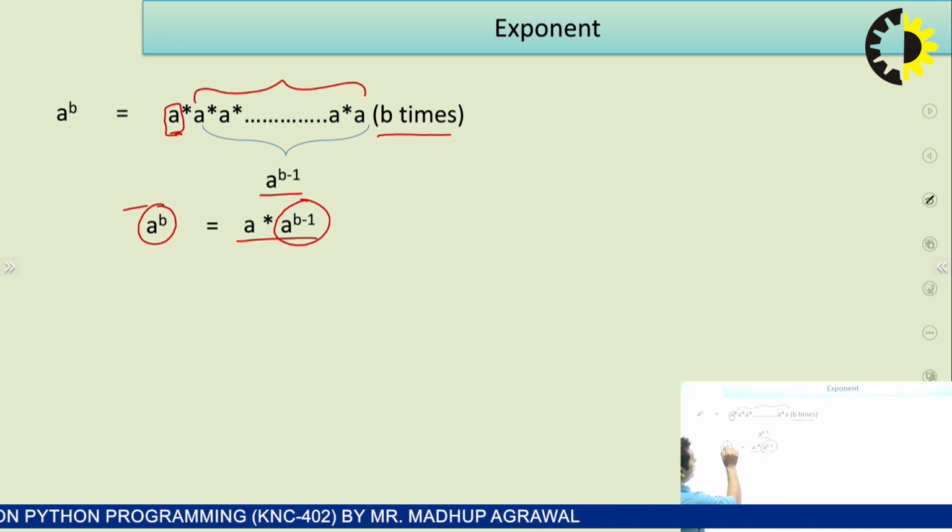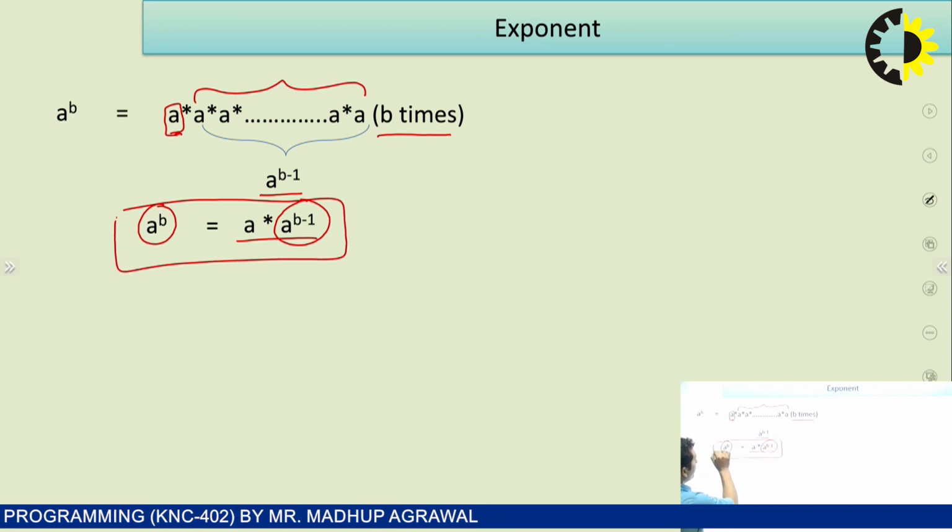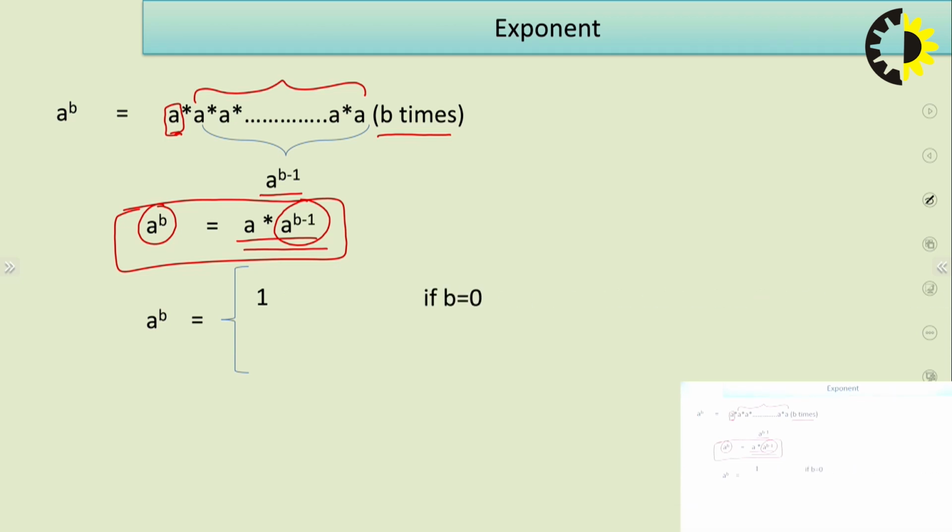So our recursive definition is this one. Here the base case is missing. Now the base case must be there. So what is the base case? This is the base case. If b equal 0, meaning a power 0, any value having power 0 will be 1.